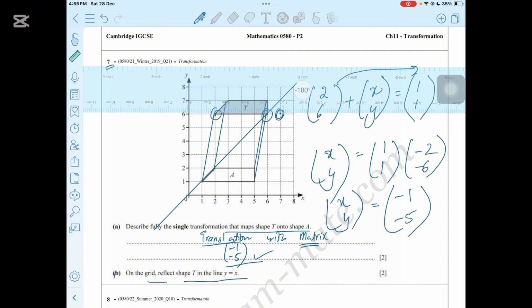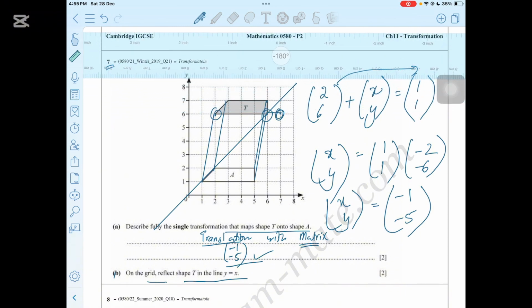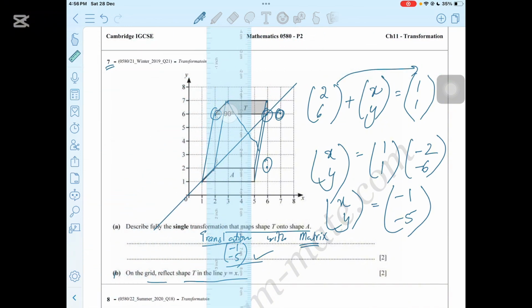This point would be half here and then 2 here. So we have the third point, and then we can draw the next point by ourselves.